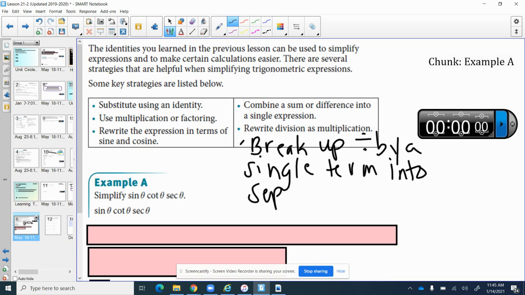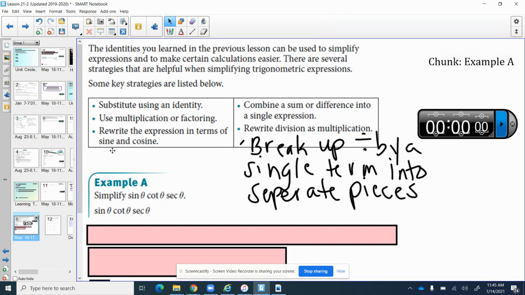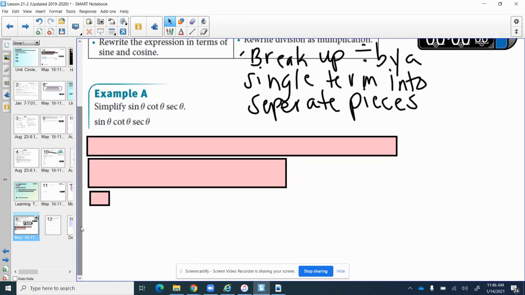Okay. Now, some of this may or may not make sense at the moment, but when in doubt, when we're starting these problems, look through this list and see if any of them can help you get started.